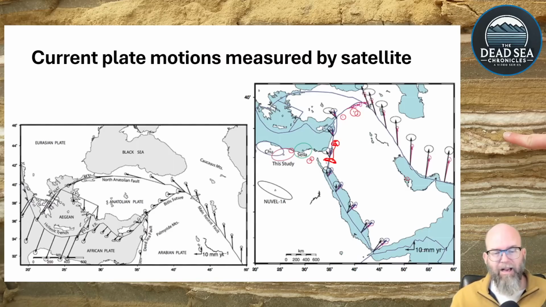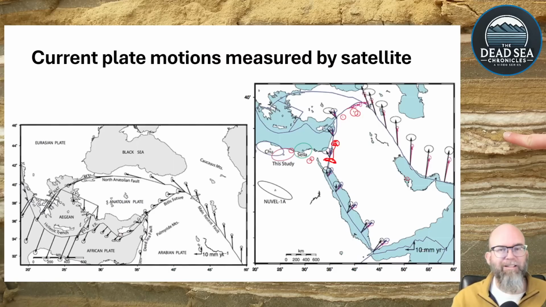And that brings us to a way in which we can estimate how fast the plate has been moving in the past. Thousands of years ago, hundreds of thousands of years ago, millions of years ago.